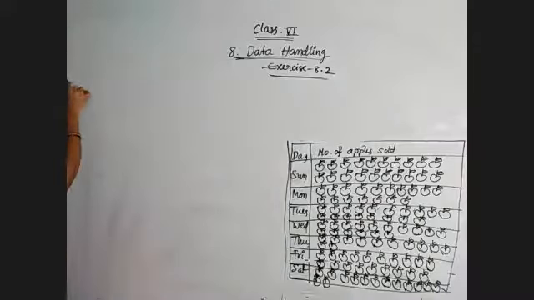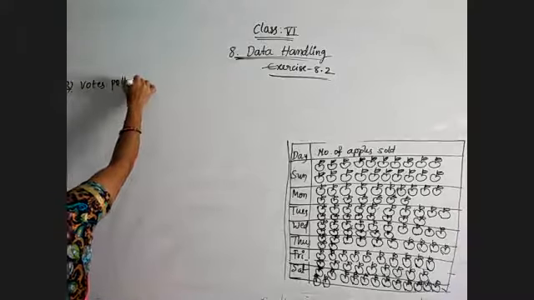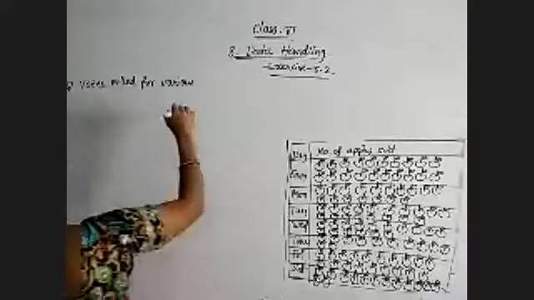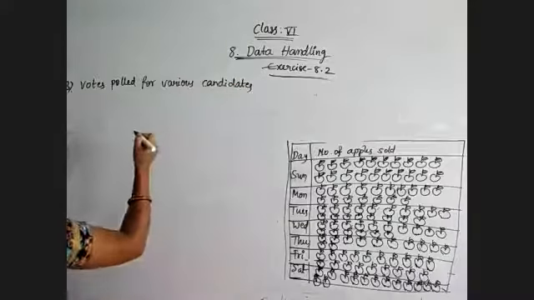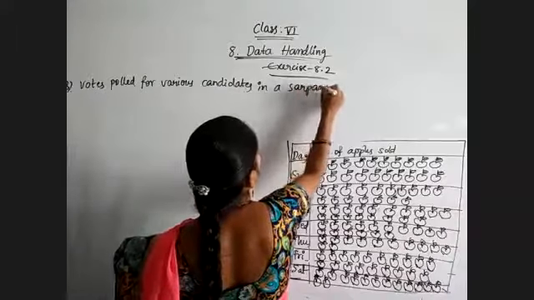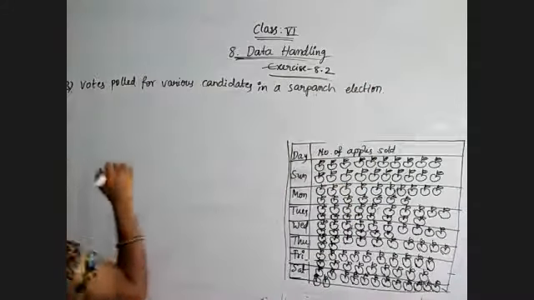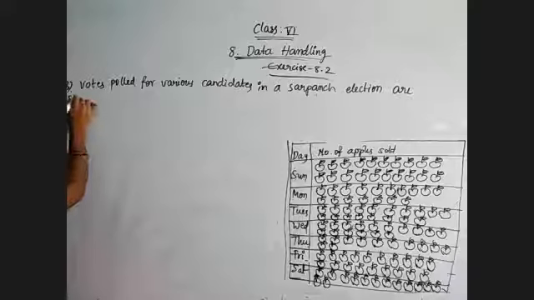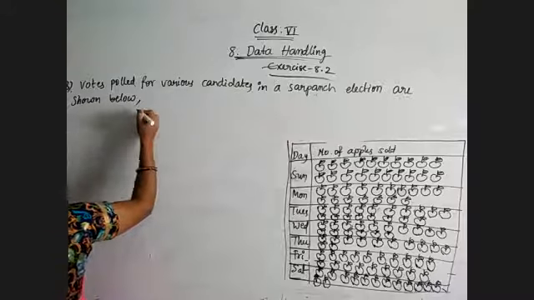Here the third problem is given like this. Votes polled for various candidates in a Sarpanch election are shown below against their symbols in the following table.